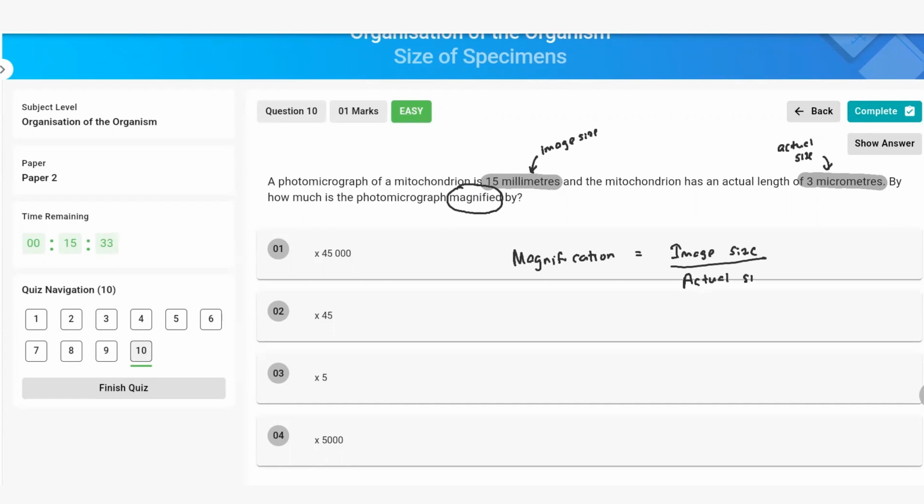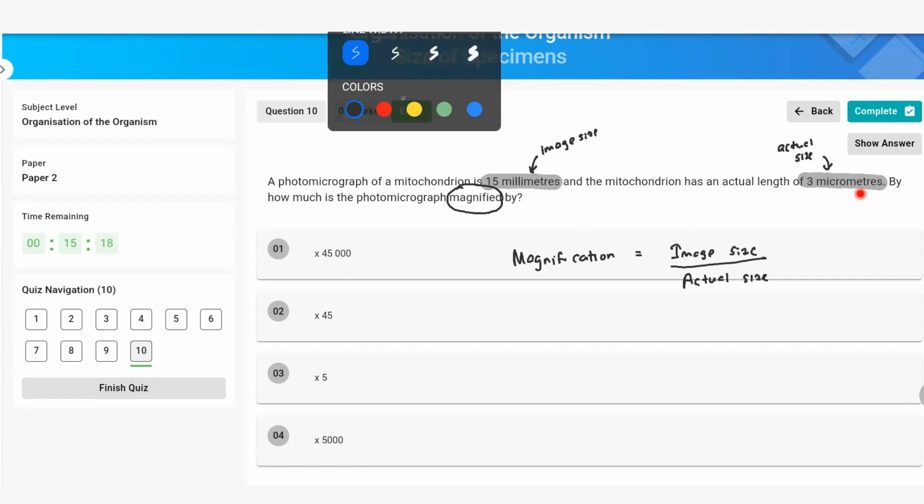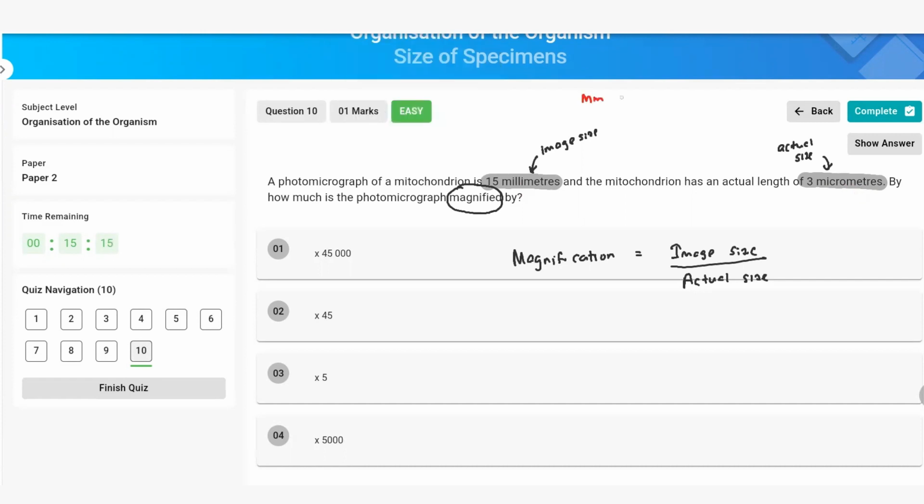But there's a small problem that we need to attend to before putting these values into our equation. The image size is given in millimeters, whereas the actual size is given in micrometers, two different units. So how about we first convert millimeters to micrometers? We know how to do this. All you need to do is multiply that value by 1,000.